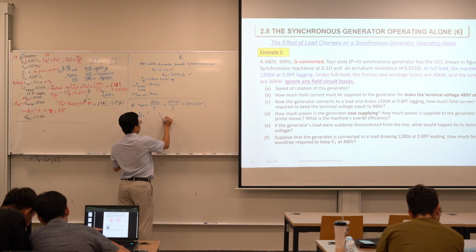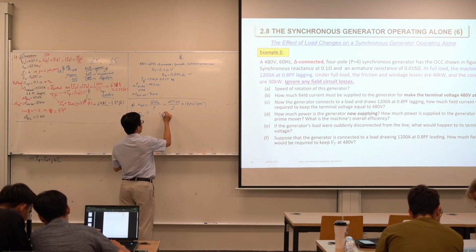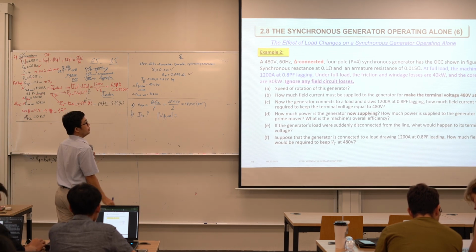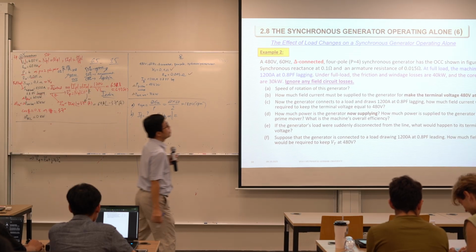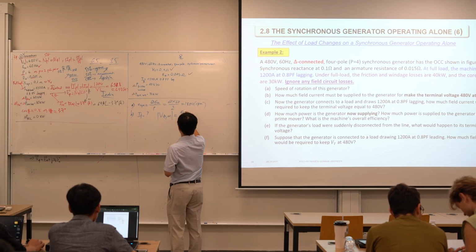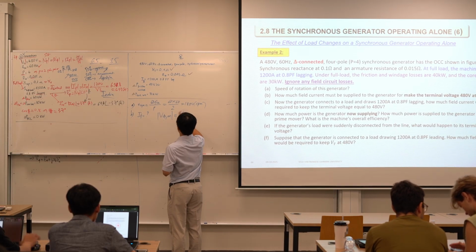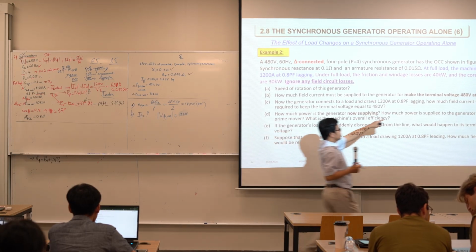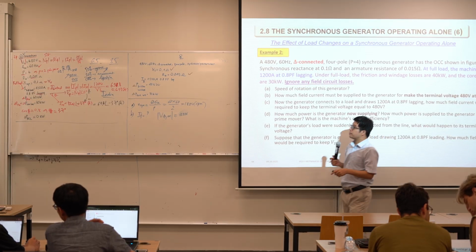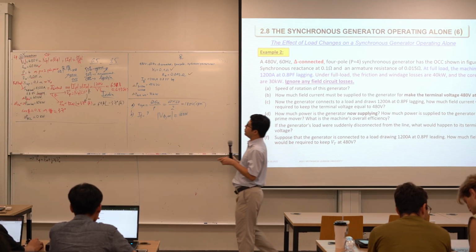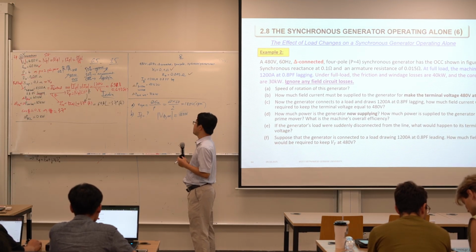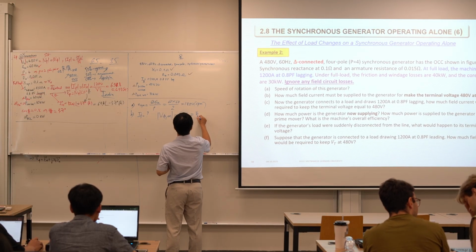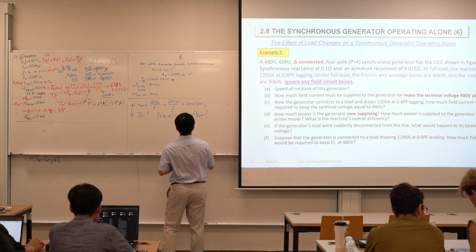If we face open circuit, how many? 480, right? Actually, this one is line voltage, but because this is delta connection, V phase equals V line. So you get V phase equal to V line open circuit.